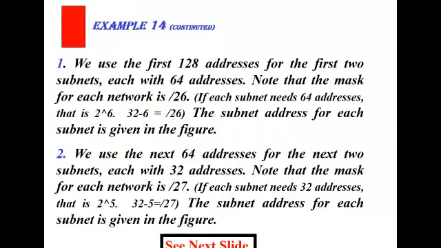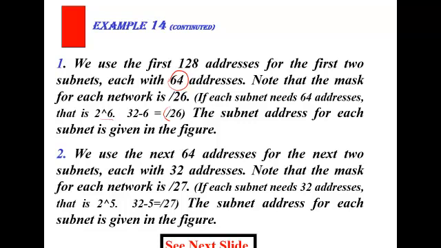So how can we calculate it? Now see, first we use the first 128 addresses for the first two subnets, meaning 64 each. So how do we find it: 2 to the power 6 becomes 64. So 32 minus 6 means 26.